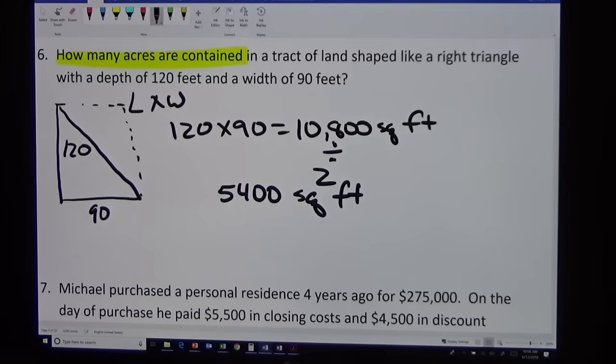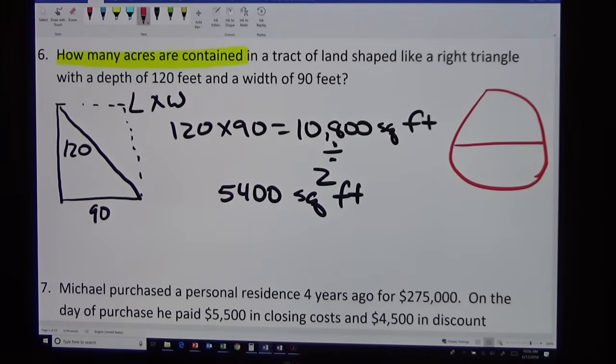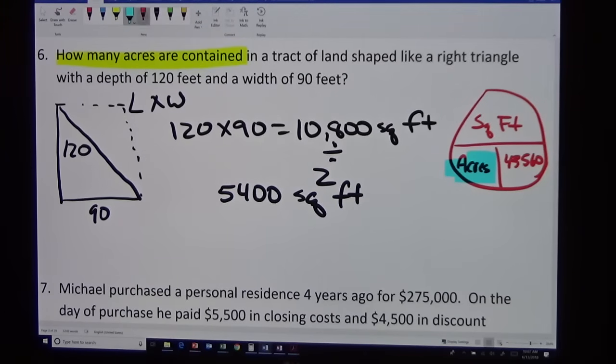Now we want to convert that into acreage. And we have a T-bar that looks like this for acreage conversion. And on the top is square feet. And on the bottom is acres and 43,560, because that's the number of square feet in an acre of land. So if we want to know acreage, which is what the question's asking us for, that's going to be square footage divided by 43,560.